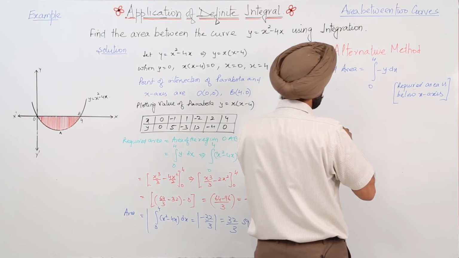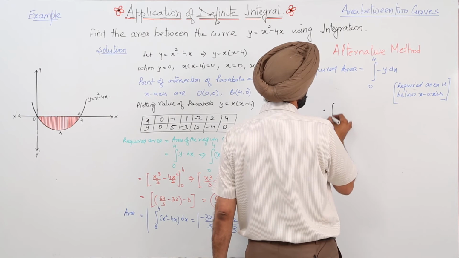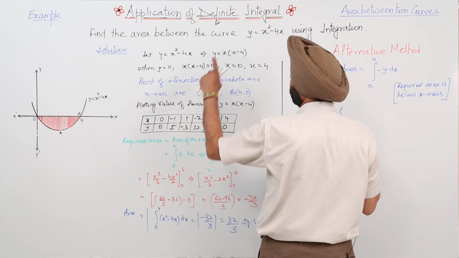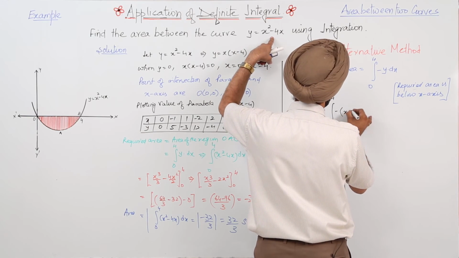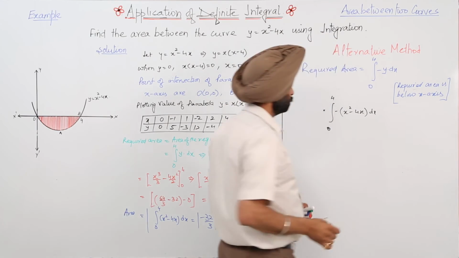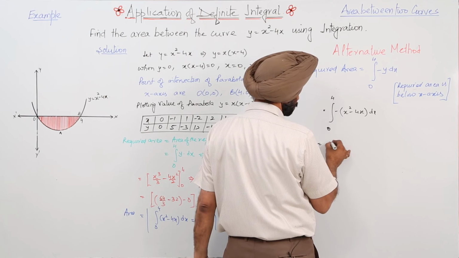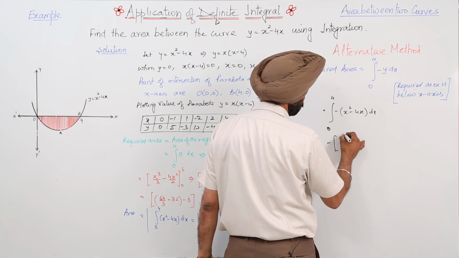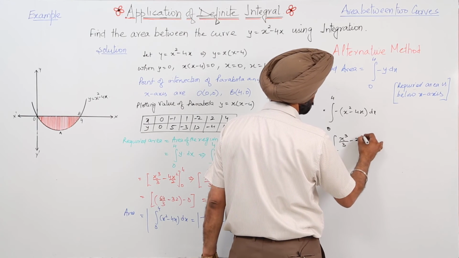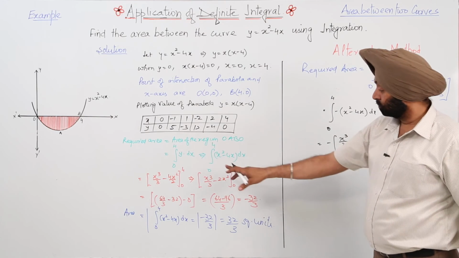Now this becomes the integral from 0 to 4 of negative of x square minus 4x dx. Okay, same thing now. Now this becomes negative of x cube upon 3 minus 2x square from 0 to 4 as we have done it.